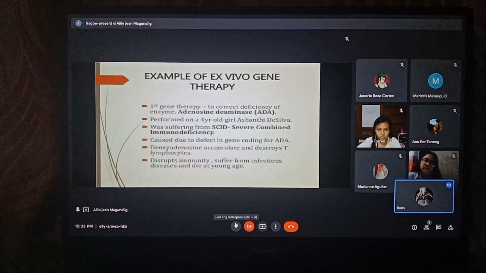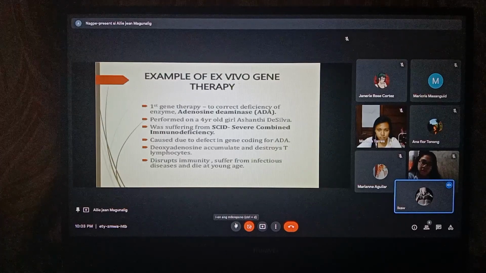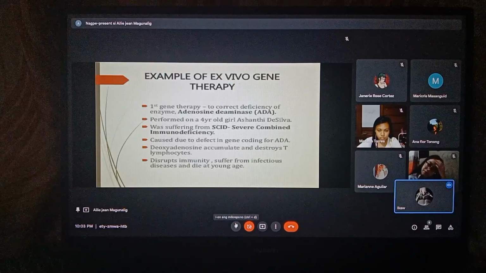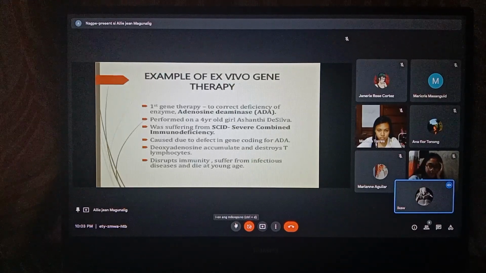Example of ex vivo gene therapy. First is the gene therapy to correct deficiency of the enzyme adenosine deaminase or ADA, performed on a 4-year-old girl. This is the true story of Ashanti De Silva.